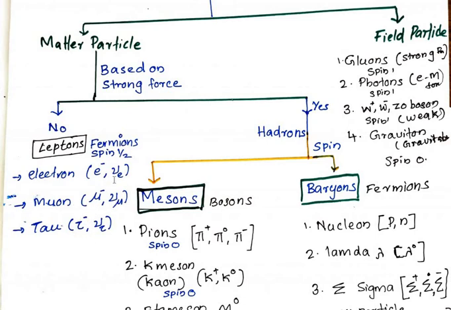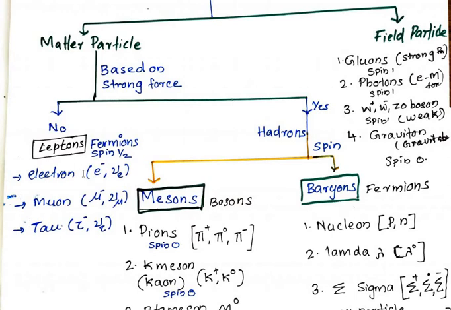They are neutrinos. So all the neutrinos are chargeless, and the electron, muon and tau have negative charge. All these particles are spin 1/2 particles. So in total leptons have 6 members: 1, 2, 3, 4, 5, 6.